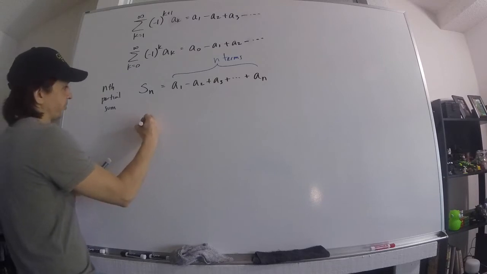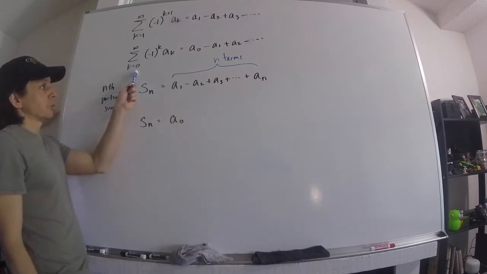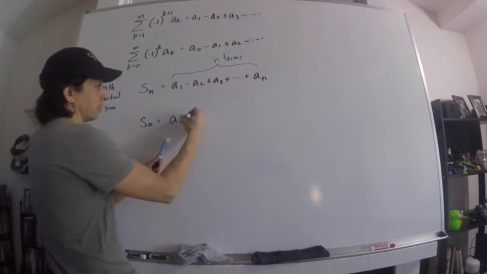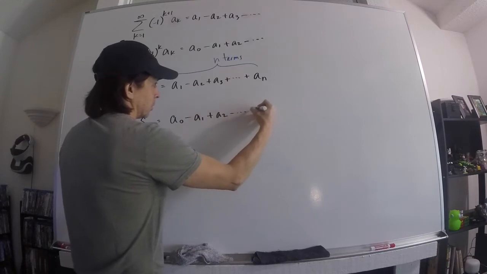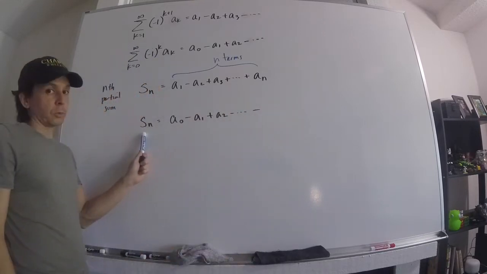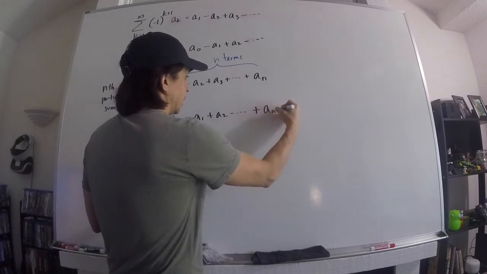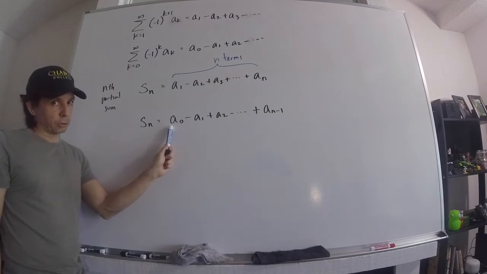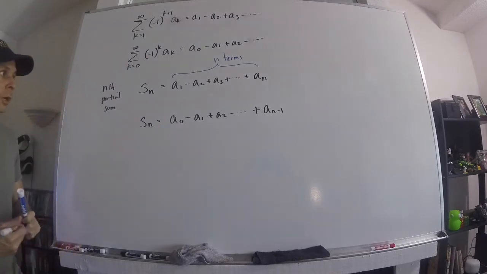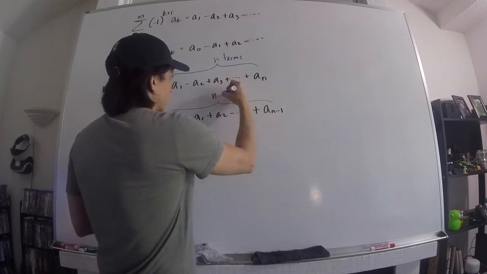Or, as she's been doing, if you are doing the one that starts at 0, a0 is your first term. Then, to get n terms for the nth partial sum, you need to stop at an minus 1. That's n minus 1 terms up to there, and then an extra 0 term makes it n terms. So you do have to kind of keep track of that.